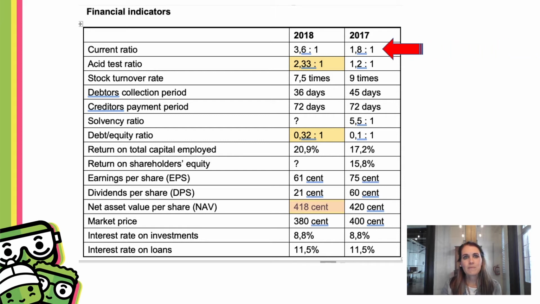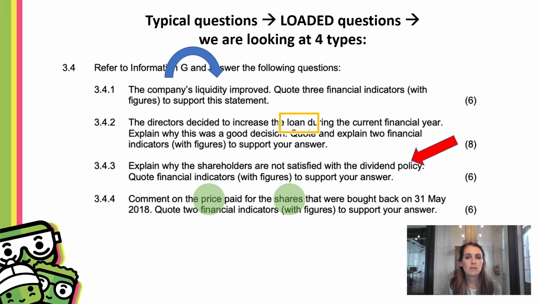So we are going to look at those three when we are going to comment on liquidity. And just going back to the previous slide, the reason why we're going to look at them is the question says that the company's liquidity improved, and we need to quote three financial indicators to support this.